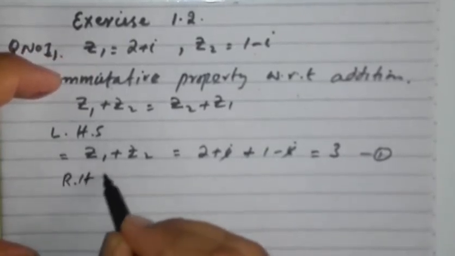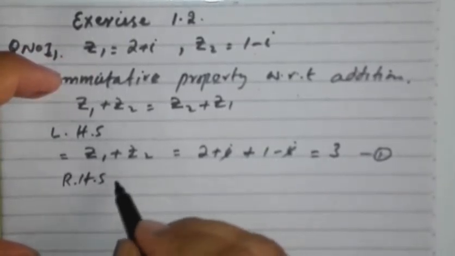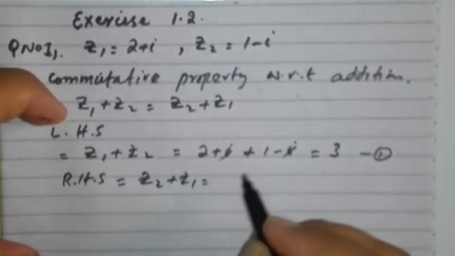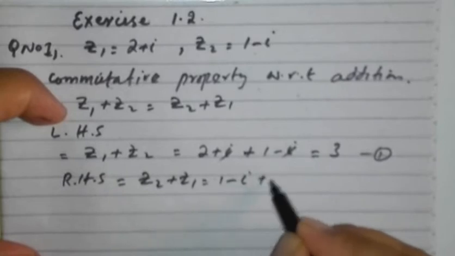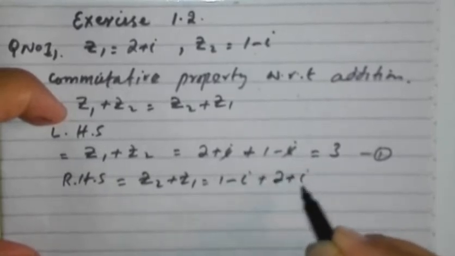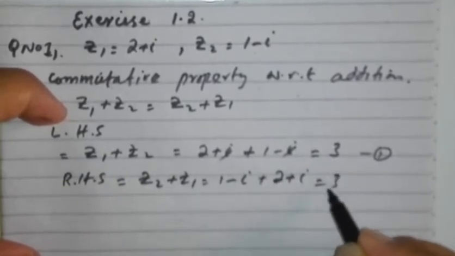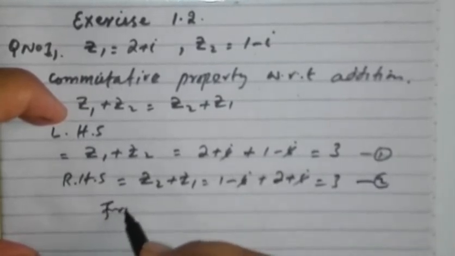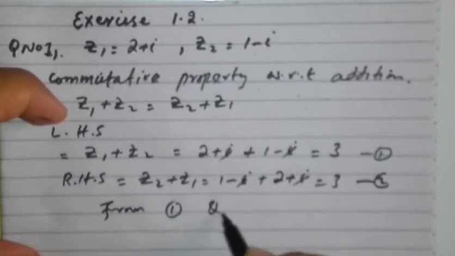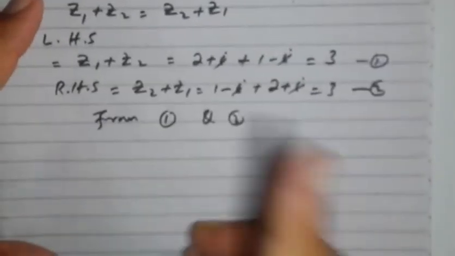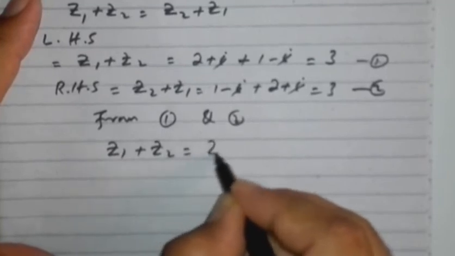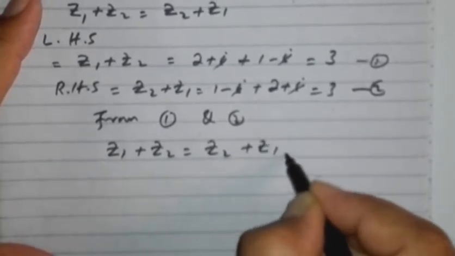Right hand side, which is equal to Z2 plus Z1, which equals 1 minus iota plus 2 plus iota. 1 plus 2 we get 3, iota cancels with iota. This is 2. From 1 and 2, it is proved that Z1 plus Z2 is equal to Z2 plus Z1.